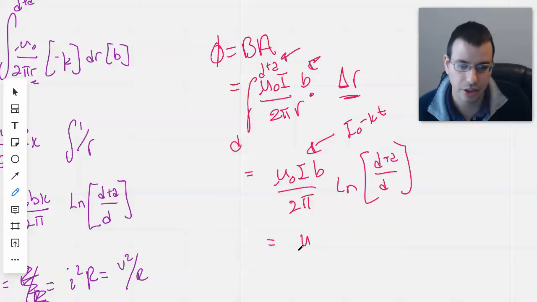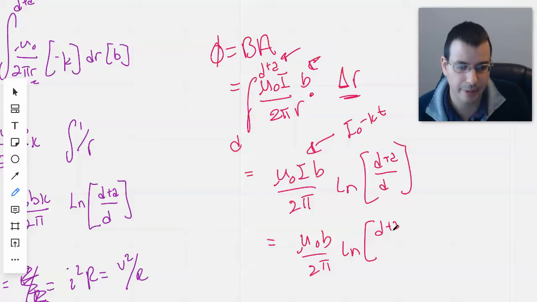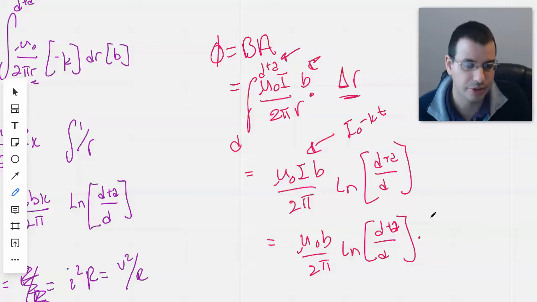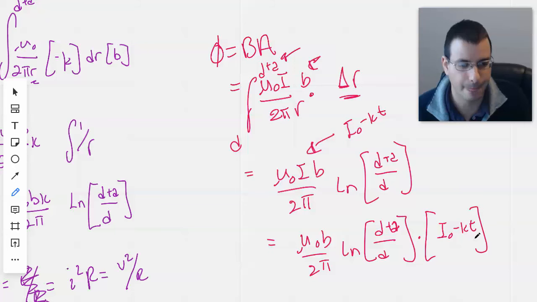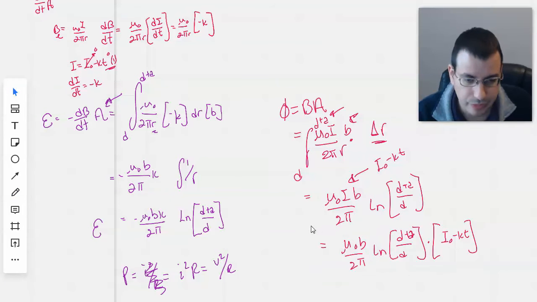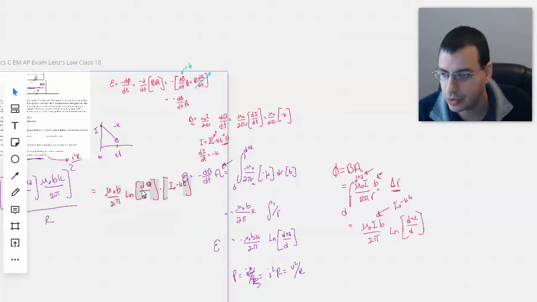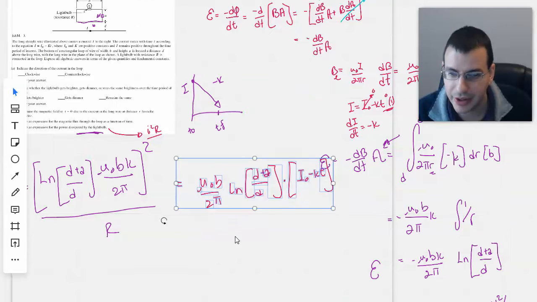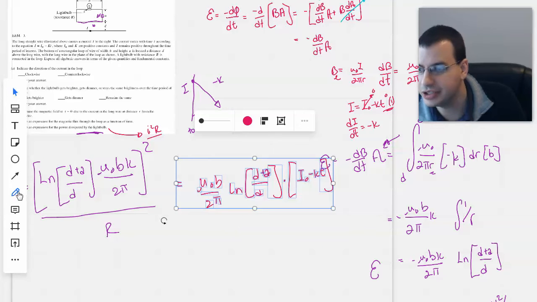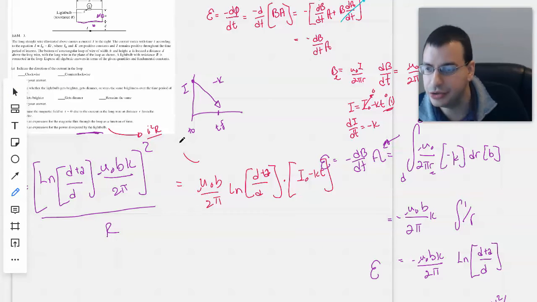So it would be mu naught B over 2 pi natural log of (D plus A) over D times the quantity (I naught minus KT). There we go. And this is the answer to that one.